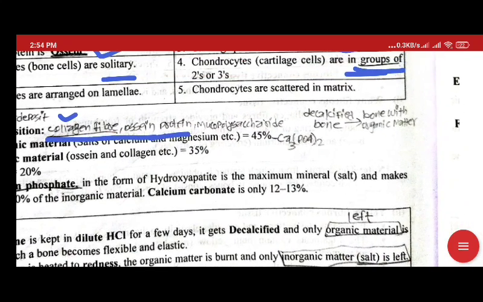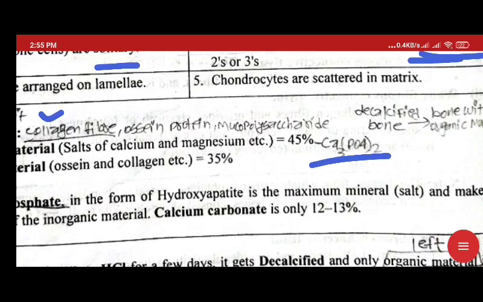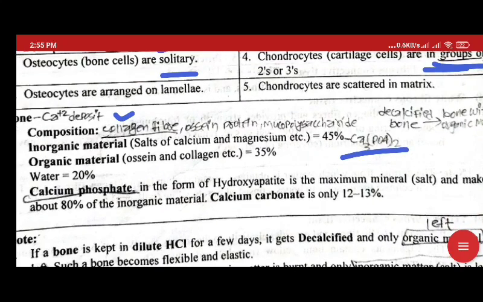Also we have decalcified bone, meaning bone with organic matter, and calcified bone, that is bone with inorganic matter, which is the real bone. Real bone has calcium phosphate, a salt of calcium and magnesium.